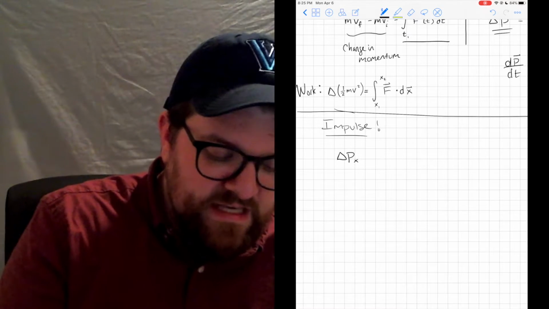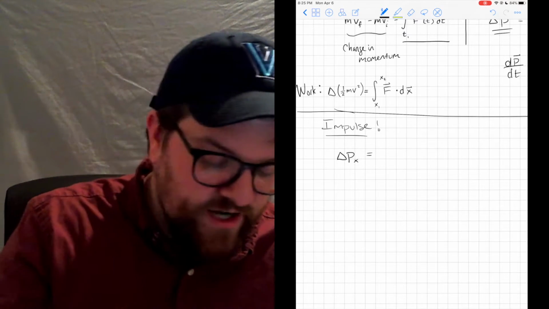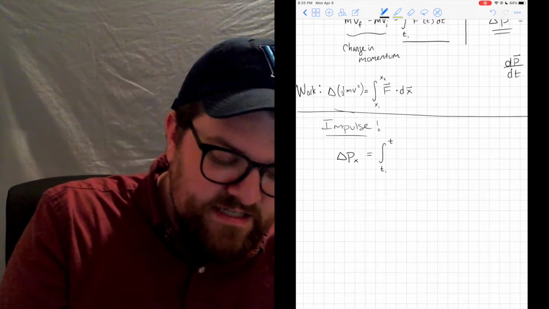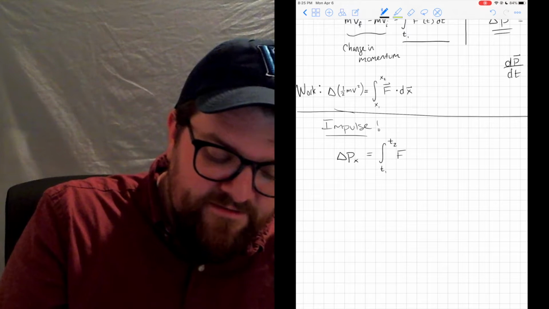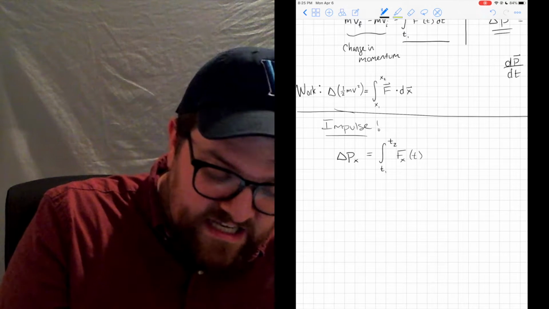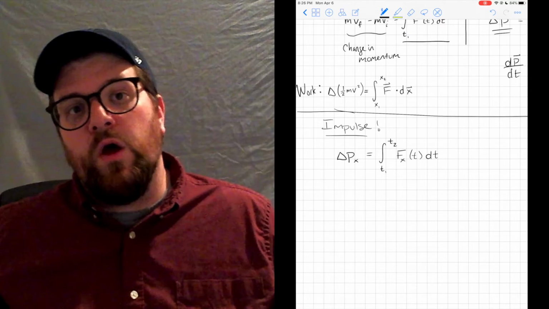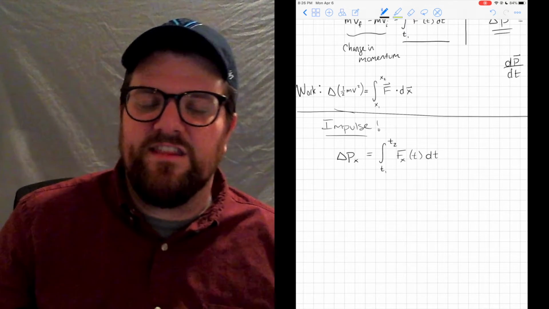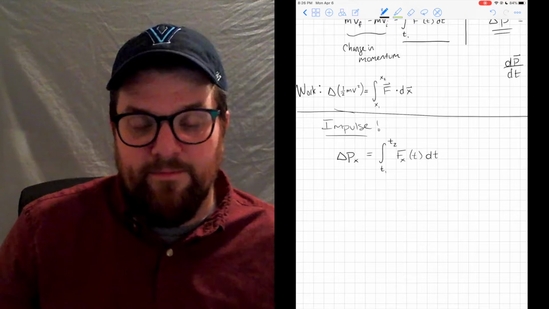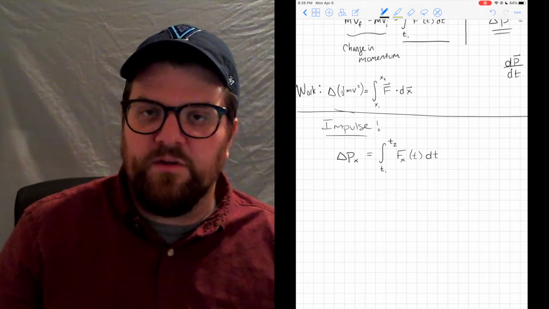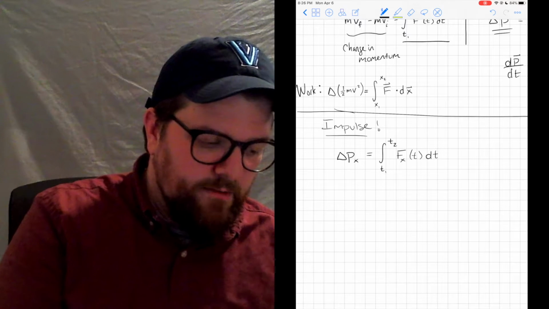So delta px in the x direction is going to be equal to the integral from t1 to t2 of fx of t dt. All right, so we're thinking about a force in the x direction, but variable in t as a function of t, and then multiplying it by dt as we integrate.